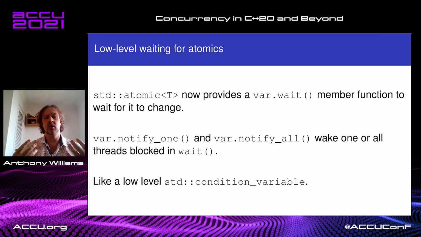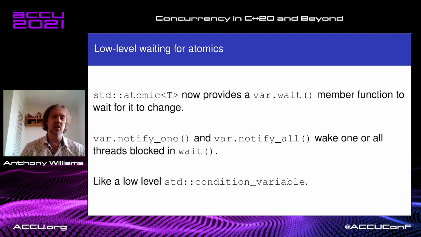So our low-level waiting is very much like a condition variable. You can wait, which waits for the value to change. You give it the old value, and when it wakes up, then you know that it has changed from that value. It might have changed back again, but you know that it did change. And then you've got notify one and notify all, which wake one or all the threads blocked in the wait.